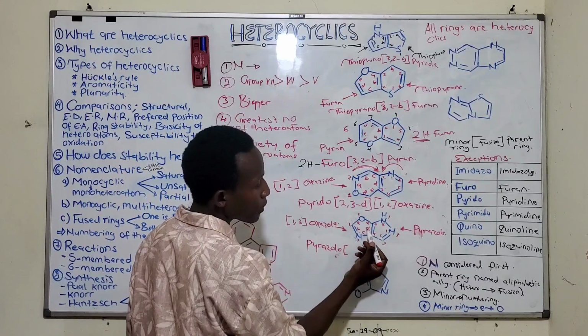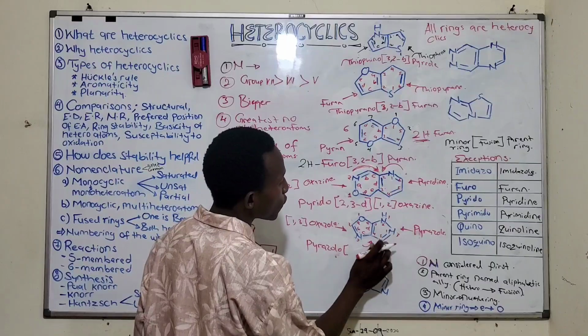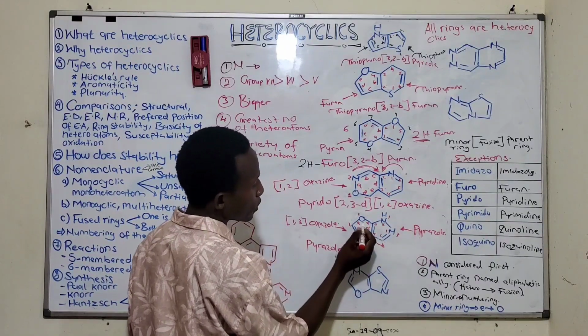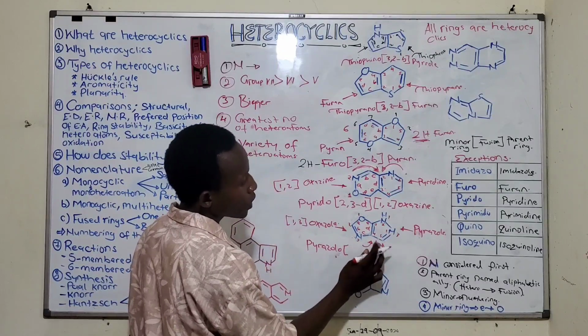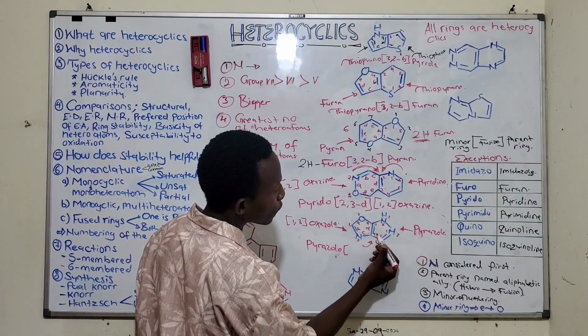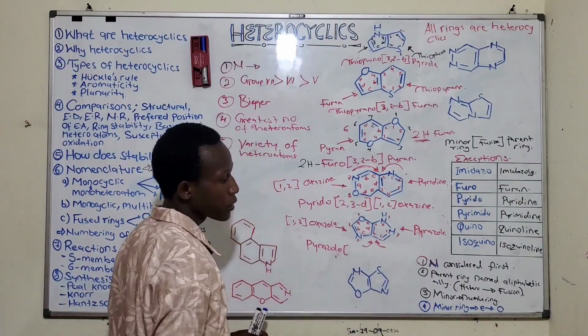Fusion is at position 3 and 4 and the first D. But since this one is moving in this direction, yet for this ring we are moving this direction, we shall change. Instead of 3, 4, we shall write 4, 3 because we want to move in the same direction.